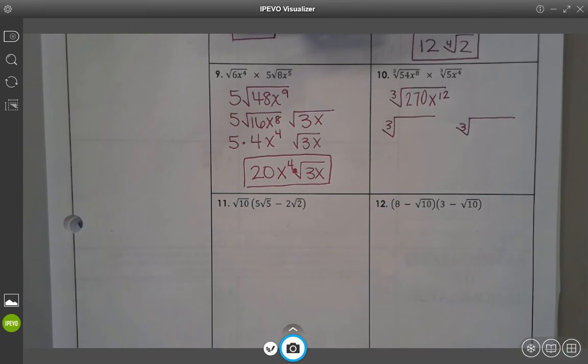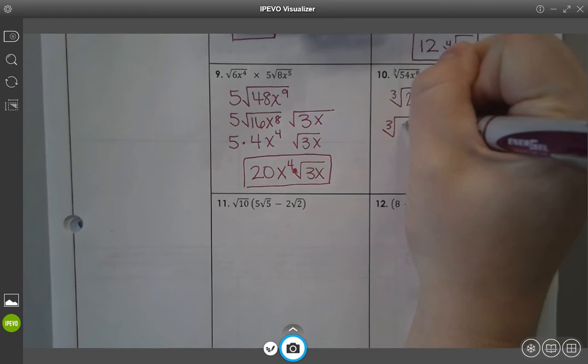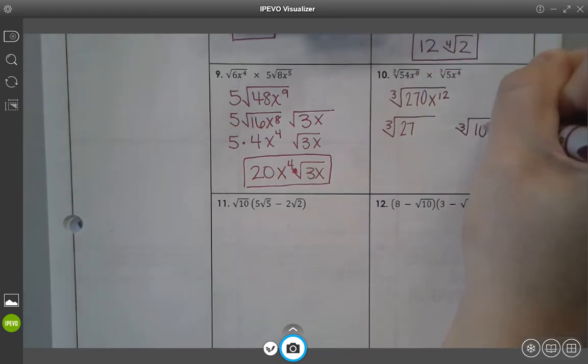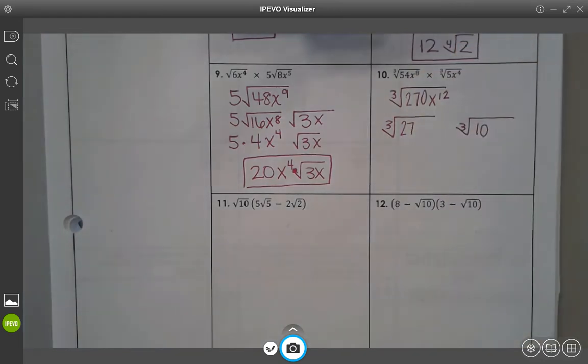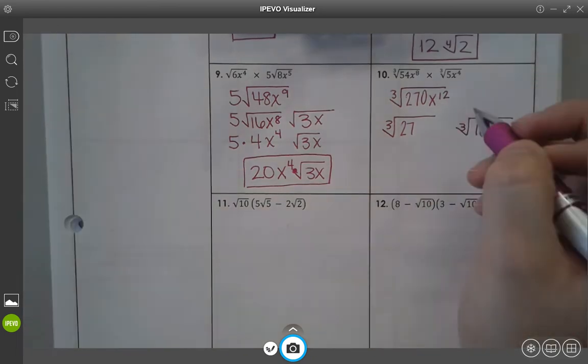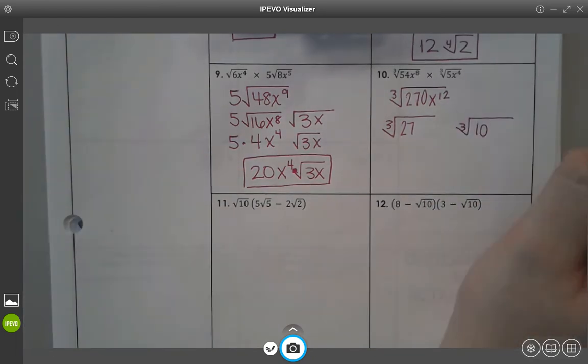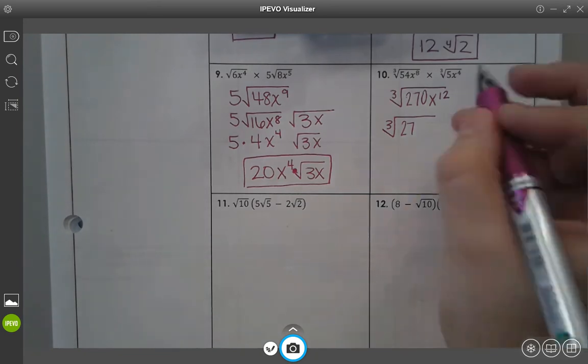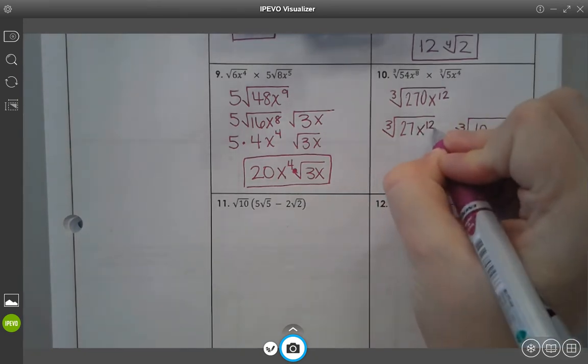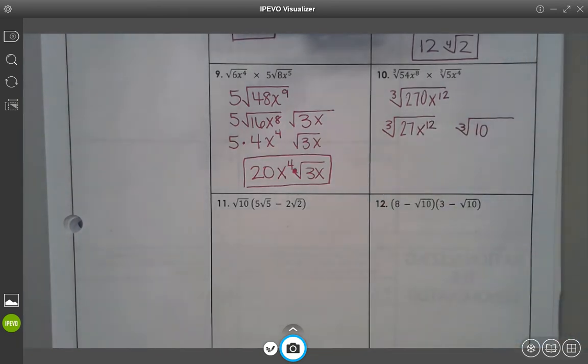What is the largest perfect cube that goes into 270? 27 times 10. And then x to the 12th, is that a perfect cube? Yes, because the 12 is divisible by 3, so the entire thing stays on the left side.